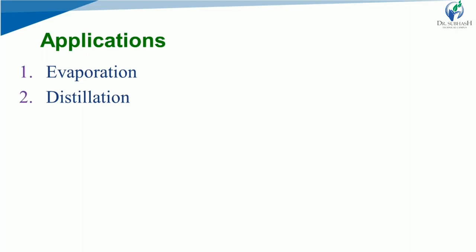Now I already talked about steam distillation. In steam distillation, the steam, which is used as a source of heat, will be in direct contact with the material so that the distillation is faster.